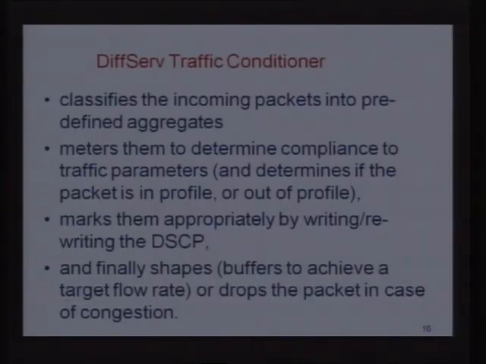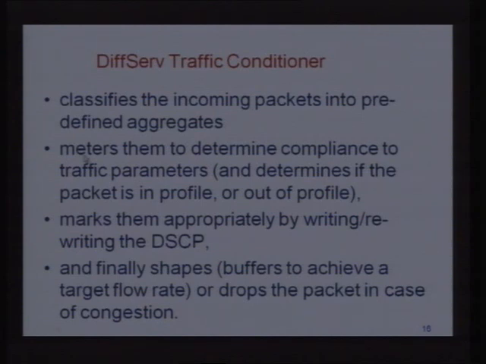Now the Diffserv traffic conditioner, which we had just seen, first classifies the incoming packets into predefined aggregates. There are certain categories which have already been made. So we don't have a lot of options, but we have been given predefined categories.